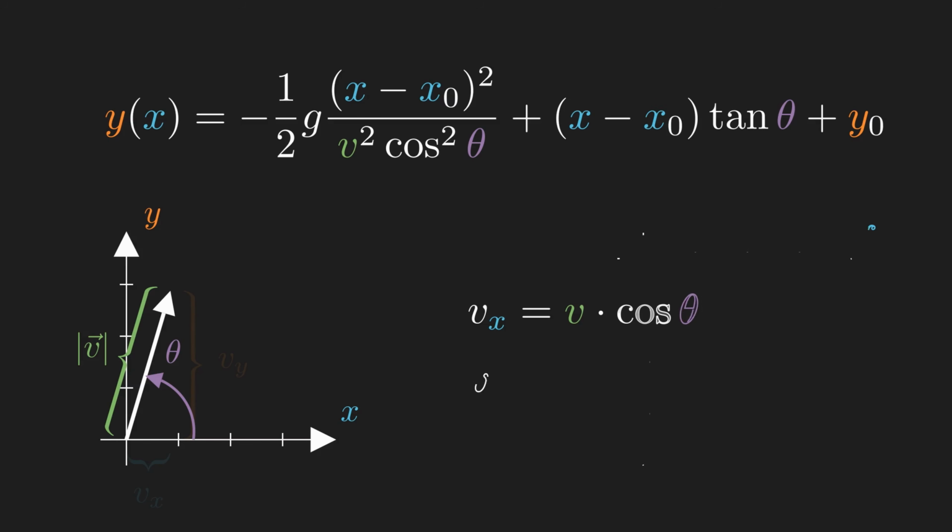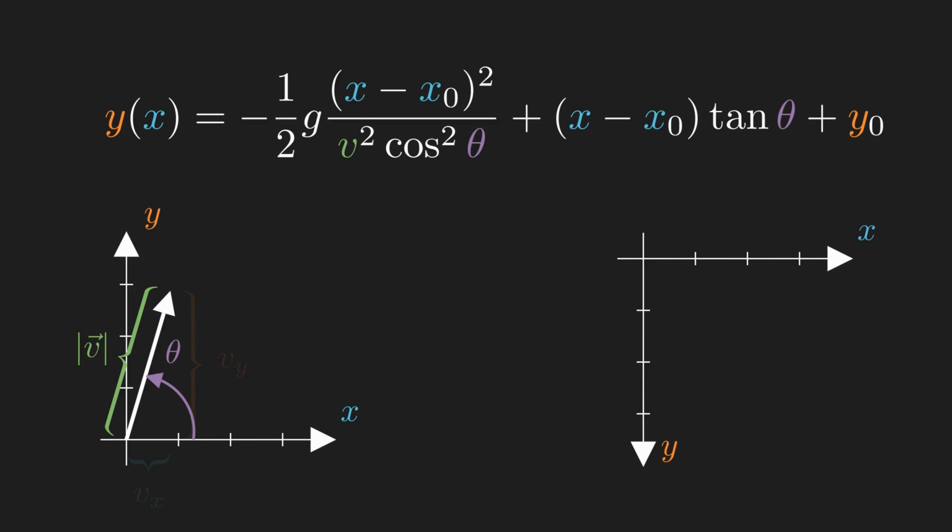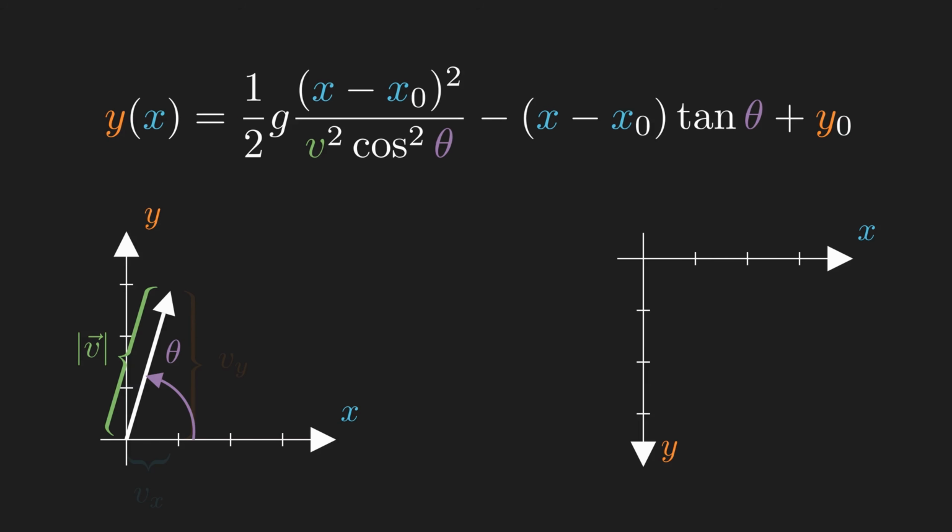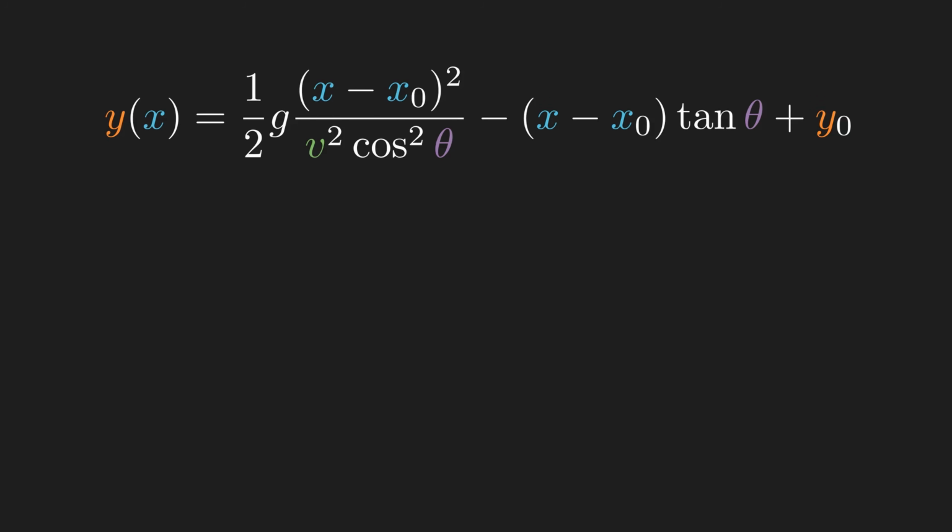But when dealing with images, the y-axis is usually flipped. So 0, 0 is the top left corner instead of the bottom left. Luckily, all this means for us is that we have to flip these two signs right here. So we're done here, right?